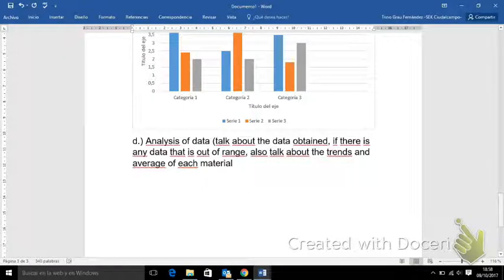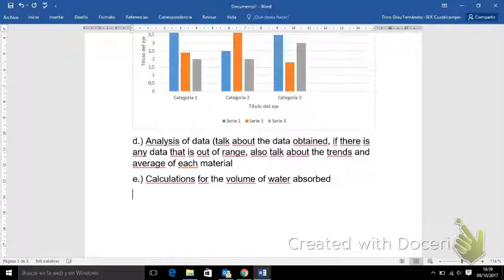And finally, here you should include the calculations for the volume of water absorbed. So how do you calculate the volume of water absorbed?